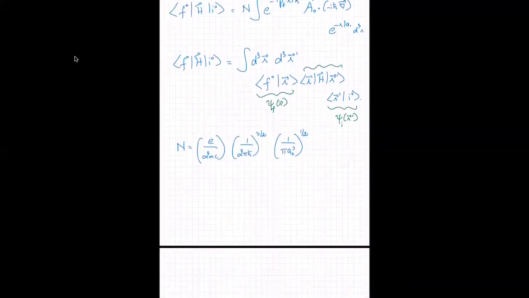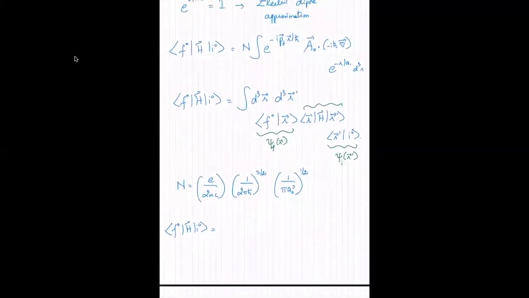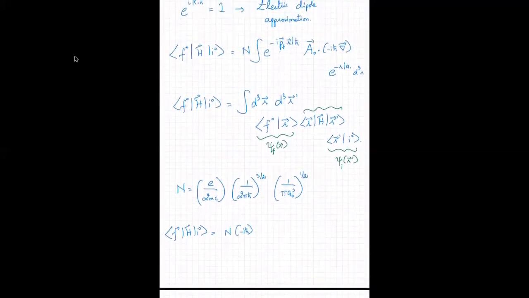So <f0|H tilde|i0> can be given by, if I use a partial integration and push the del to the left, the del will now act on the e to the minus i pf dot r over h bar. So I will get N times minus i h bar, and when the del acts on e to the minus i pf dot r over h bar, it's going to spit out a factor of minus i pf over h bar.